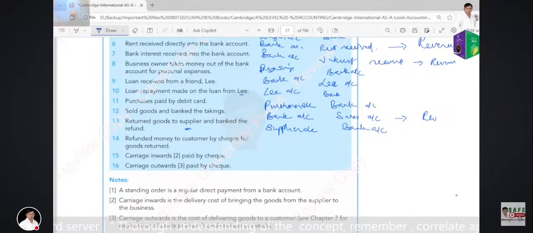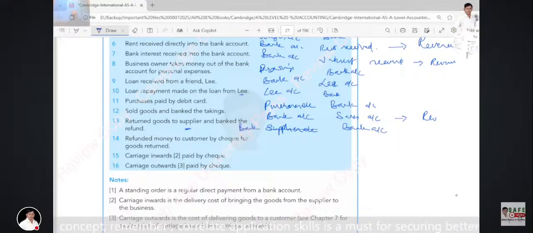Credit the receiver, debit the receiver. Yes, but return goods to supplier and bank the refund. You are receiving the refund. So what we have to do? We have to receive. We are receiving, so bank account will be debited.